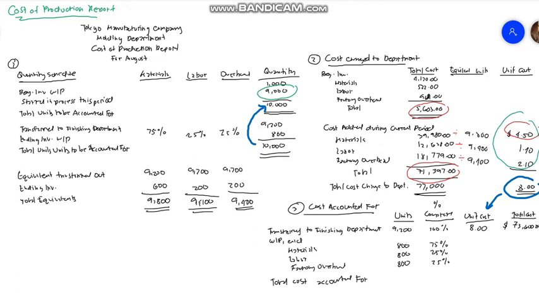So these three we're going to write here. So those are 450, 1.4, and 2.10.